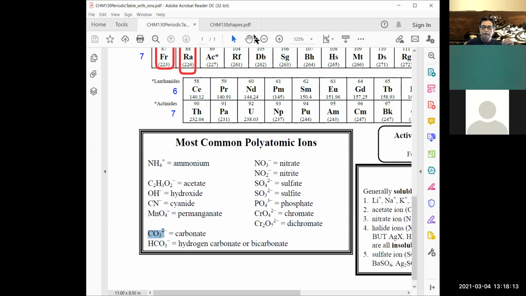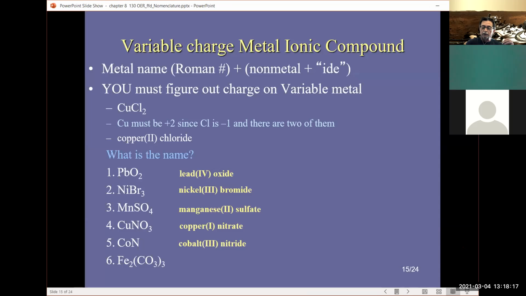And then we go back and it's a little more complicated, but it really isn't. We know that the CO3, the carbonate, has a -2 charge. There's 3 of them. So that tells you that there is a total of -6. So let's write it down in a mathematical equation.